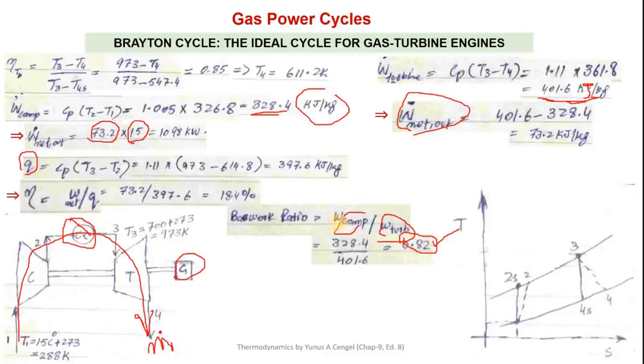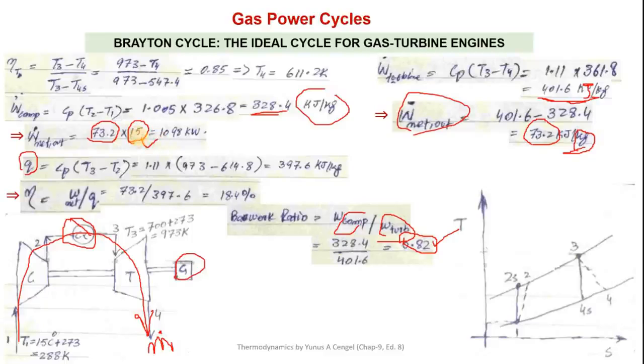So that's why to get the same amount of power, we have to increase the mass flow rate significantly, because we can get only 73.2 kilojoules from 1 kilogram of mass, and to get the required power, for example here in this case it is 1100 kilojoules in 1 second, we have to multiply with a huge amount of m dot, which is 15 kilograms per second.